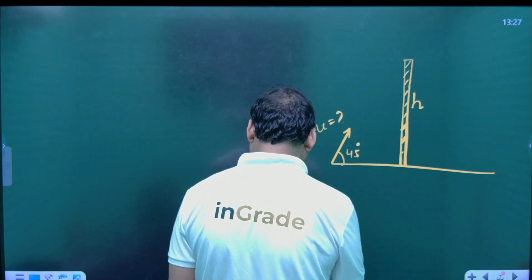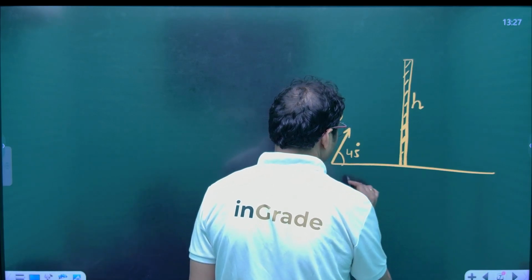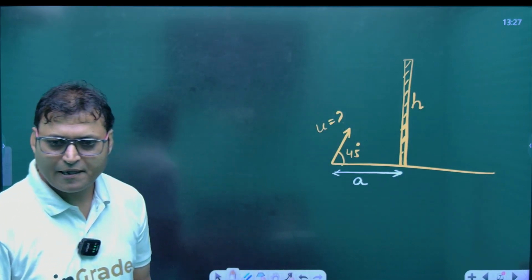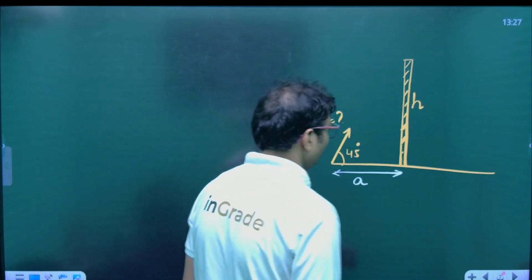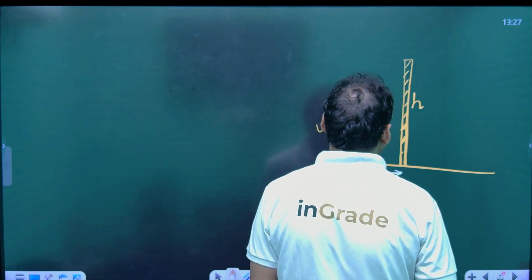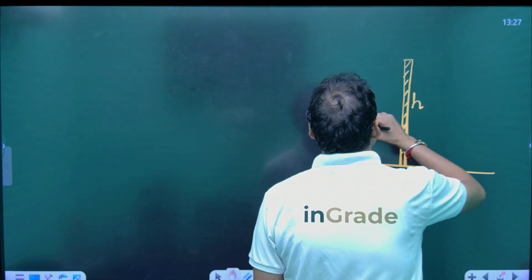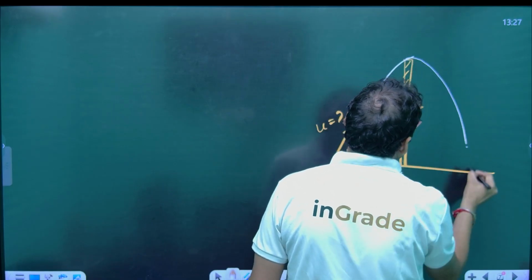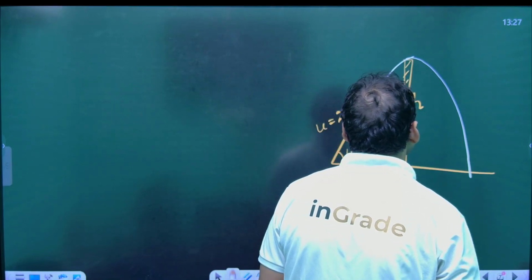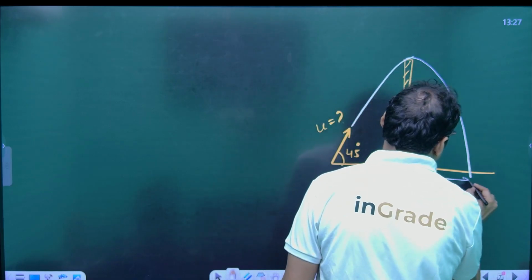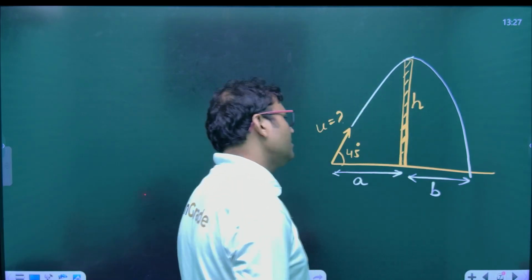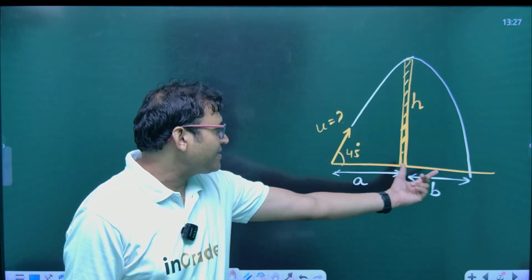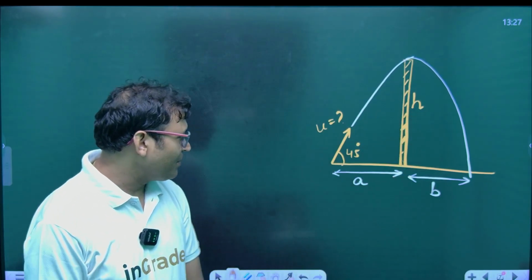The particle is thrown from a point which is at a distance a from the wall, and we want the particle to go on the other side. This is, let us say, B. The particle is hitting the ground on the other side of the wall at a distance B.